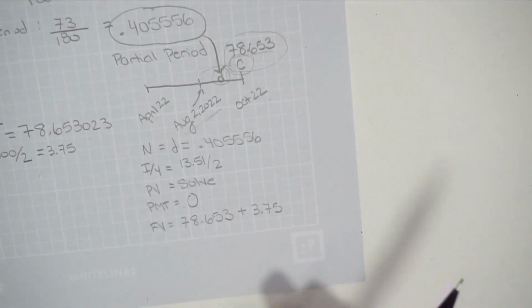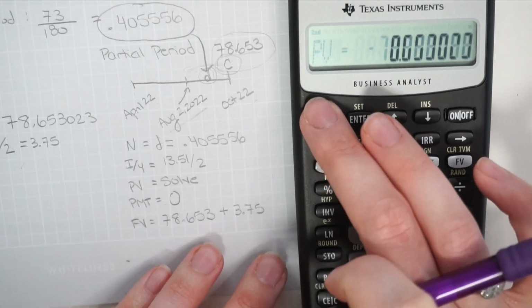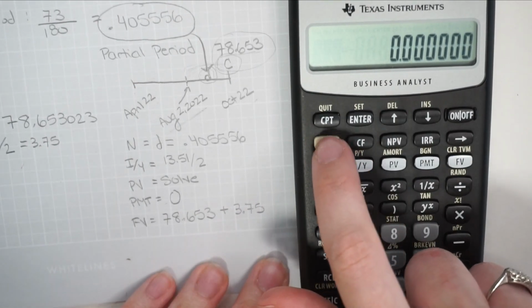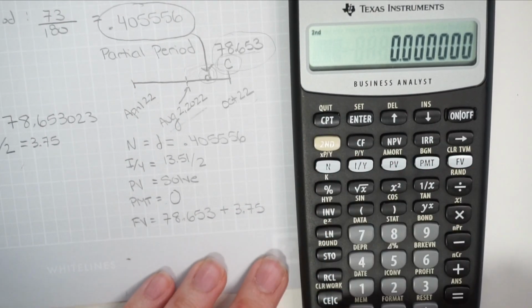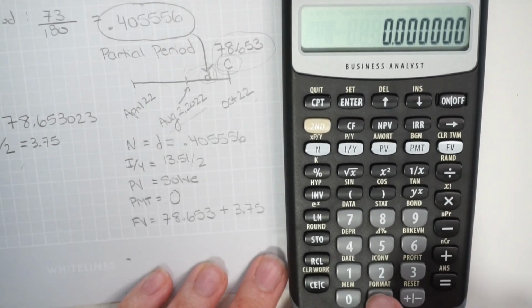So now I'm going to go through and solve this in my financial calculator. Again, before I actually solve it, I'm going to clear everything out. So I'm going to do second, clear time value of money, second, clear work, and now go through and type in my inputs.